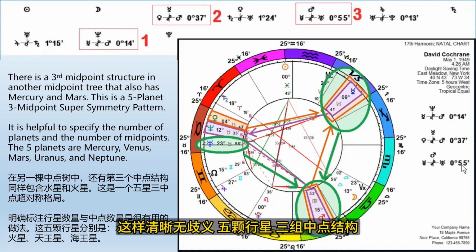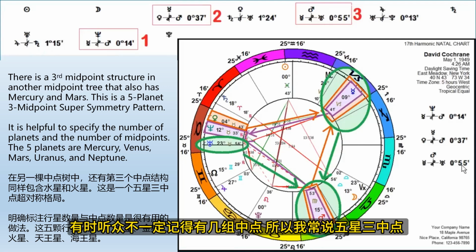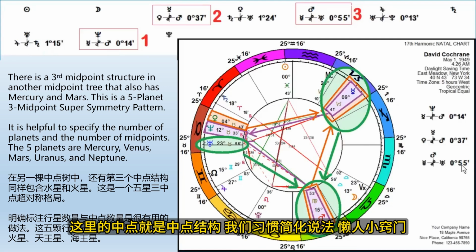It's 5 planets, 3 midpoints, but for short, you can just call it a 5-planet supersymmetry pattern. Sometimes if you're saying that, the person listening to you may not remember or know how many midpoint structures there are.